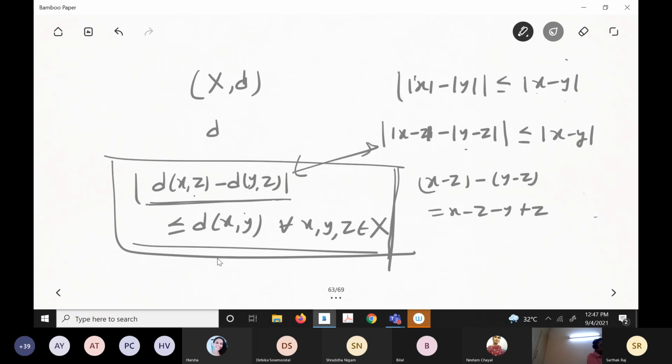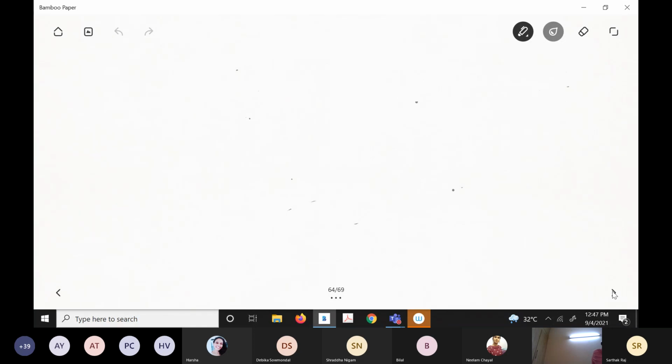Now, just a few minutes. First, make sure that you understand the definition of a metric space. The first thing you should know is that a metric space is a pair. It is neither just X nor just d, it is together a couple, X, d.